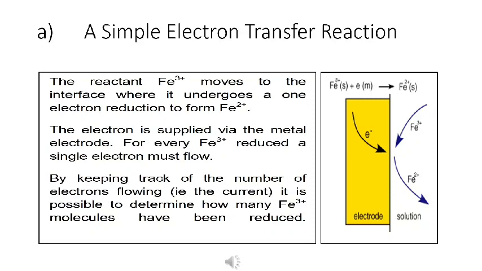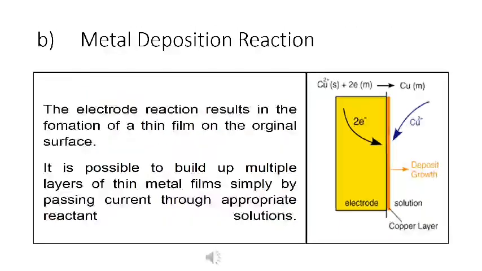The ferrum 2 plus formed initially is still at the surface of the cathode, which we can write as ferrum 2 adsorbed. Then finally ferrum 2 plus will move slowly through mass transport into the bulk solution. So this is a simple electron transfer involving one electron.